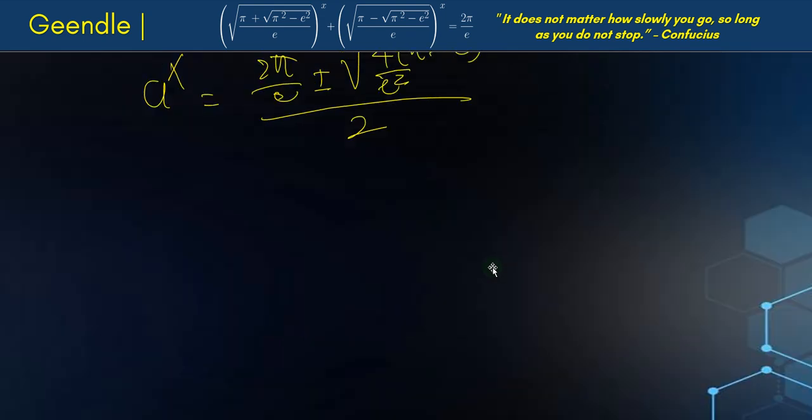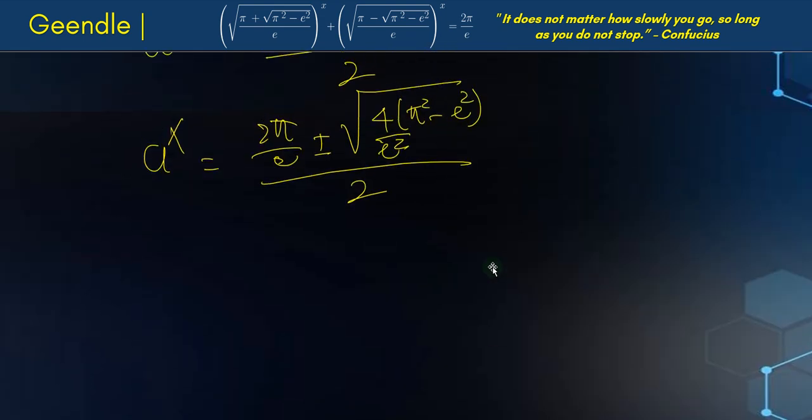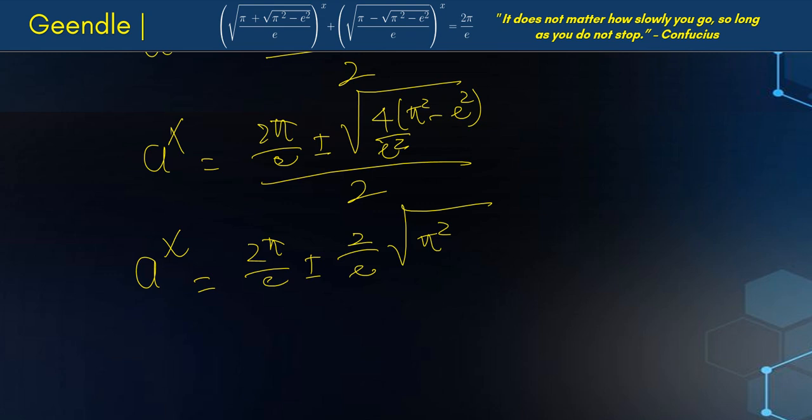So guys, from here we have a to the x equals, we're going to bring this one here because this is 4 and this is e to the power of 2. So 2 pi over e plus or minus 2 over e times the square root of pi squared minus e squared, right? All divided by 2.